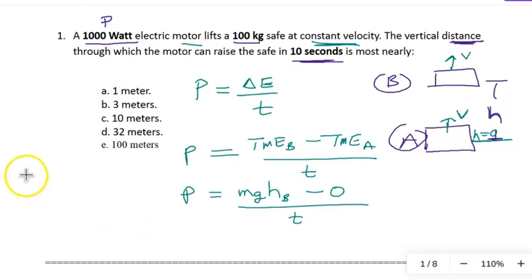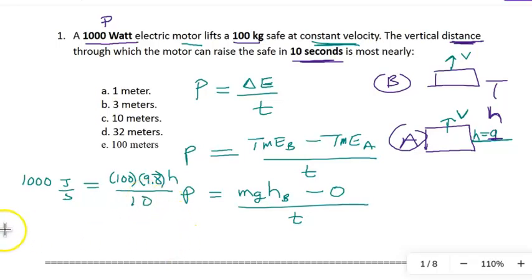And so then let's just plug in what we know. So we have 1,000 watts, which is a joule per second, and that's equal to m times g times the height, because that's what we're looking for, divided by the time, which is 10 seconds. So that gives you 1,000 equals 98 h.